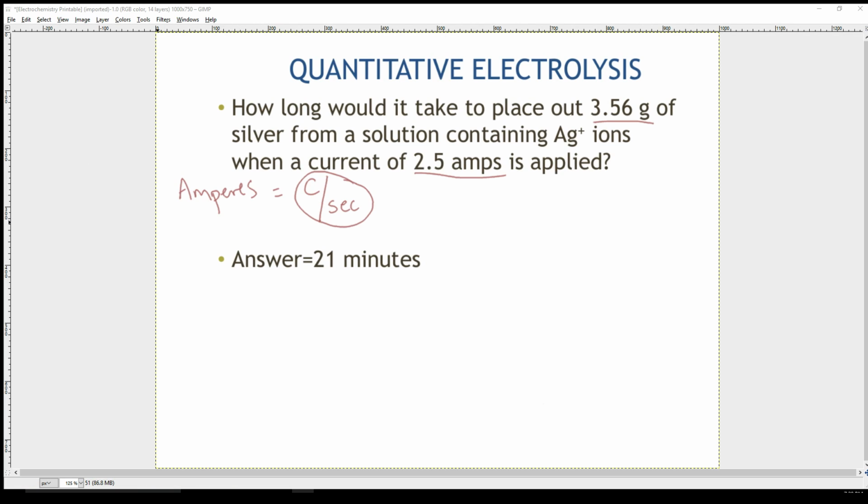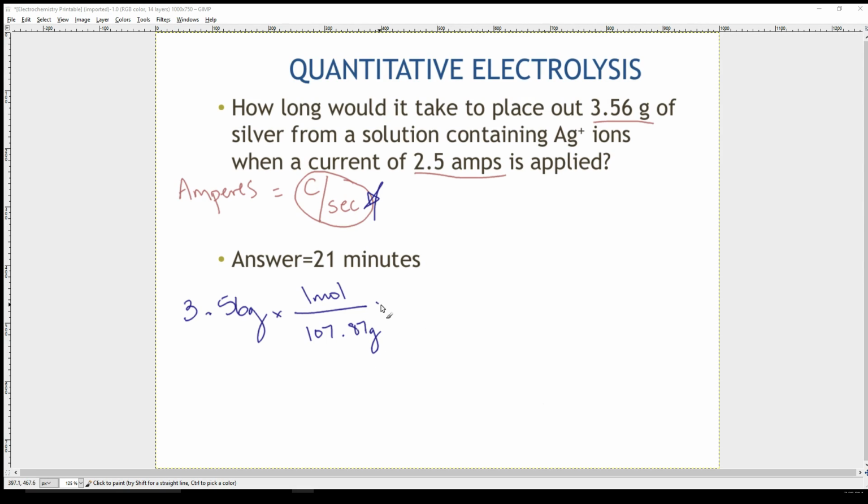So let me show you what we can do. Let's take our 3.56 grams and we're going to try to convert it into time, and this is going to factor in there somewhere. So first let's convert it into moles because grams are pretty much useless to us in conversion problems. Sorry grams, nothing against you.